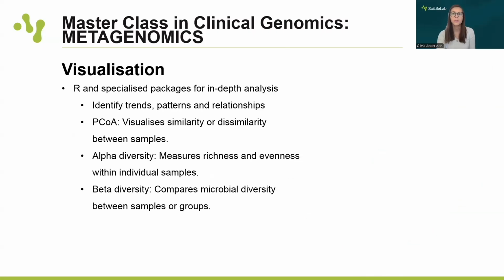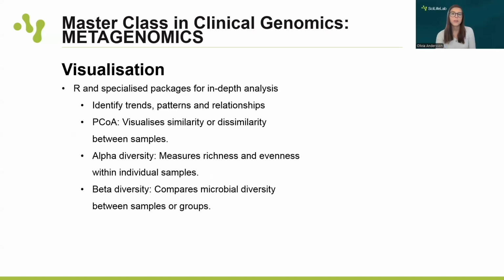And for this, we can use software like R along with specialized packages like phyloseq, which provides extensive capabilities for data exploration and presentation. And these tools allow for the generation of charts and heat maps to identify trends, patterns, and relationships within the complex datasets.